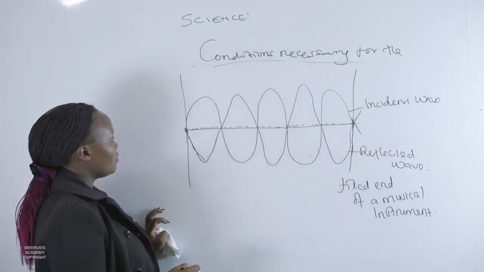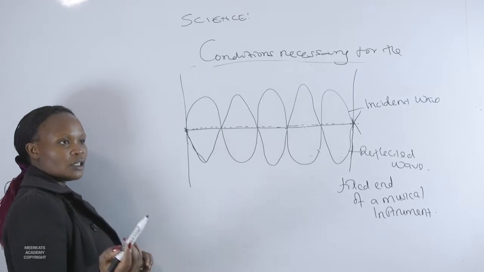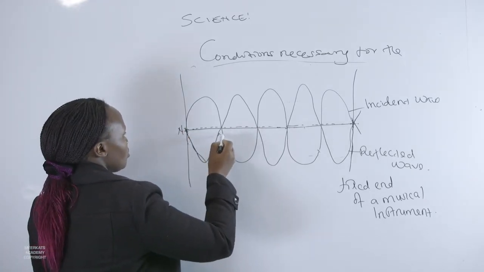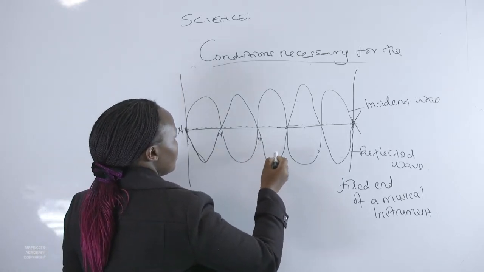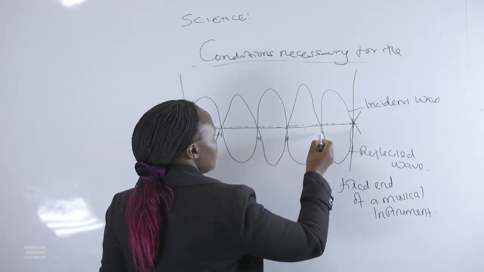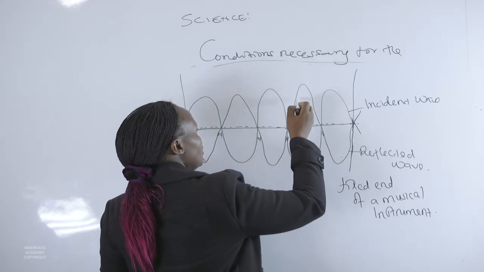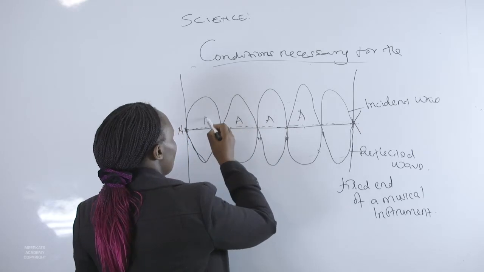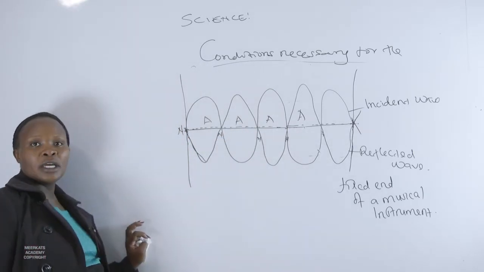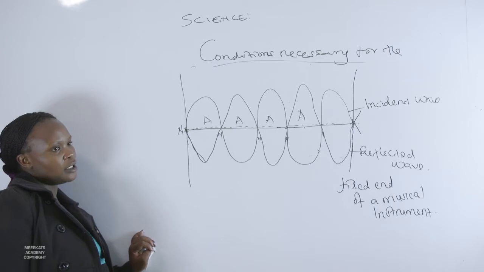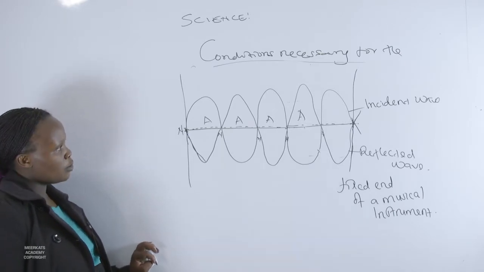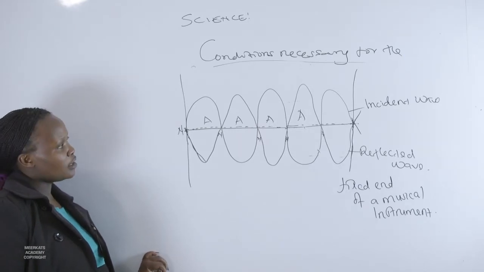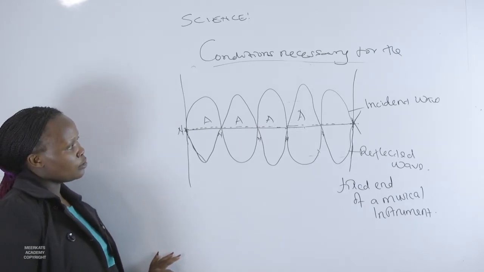A stationary wave is going to have nodes at those points. We have the nodes, then we have the antinodes at the points of maximum displacement as shown in our diagram. And that way we can claim to have successfully generated a stationary wave.